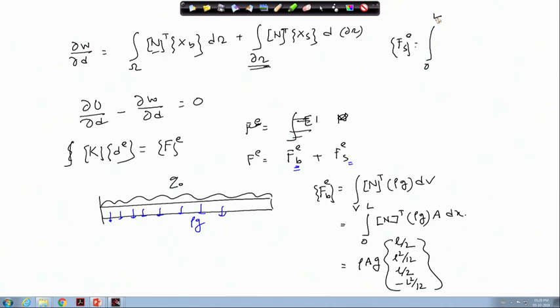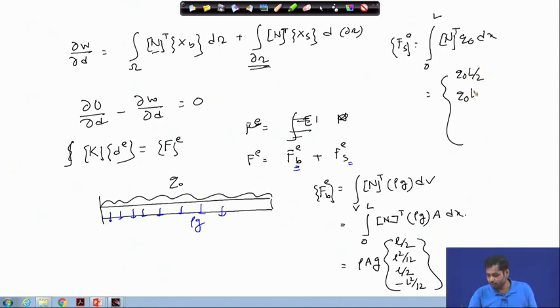So, 0 to L, and then we have N transpose and q0 and then dx. Now, we already know the expression for N for the beam element, we can substitute that, and then this will be q0 L by 2 and then q0 L square by 12. If you recall, q0 L by 2 again and minus q0 L square by 12.